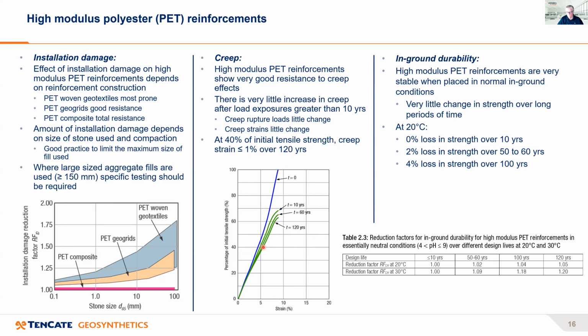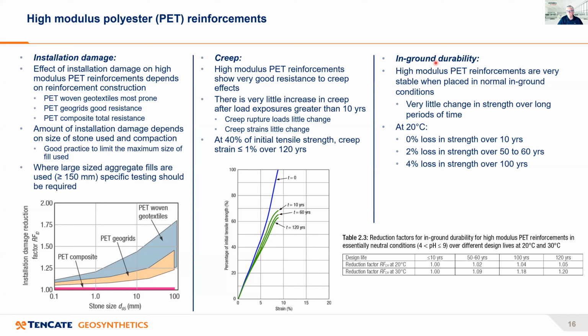And for those of you who've worked on New South Wales and Queensland Highway Department specifications for reinforced soil structures, you'll see one of their requirements is that the creep strain in the reinforcement has to be less than 1% over 120 years. And this is where it comes from. And so for high modulus polyester, if it's loaded up to about 40% of its ultimate, it'll meet that requirement.